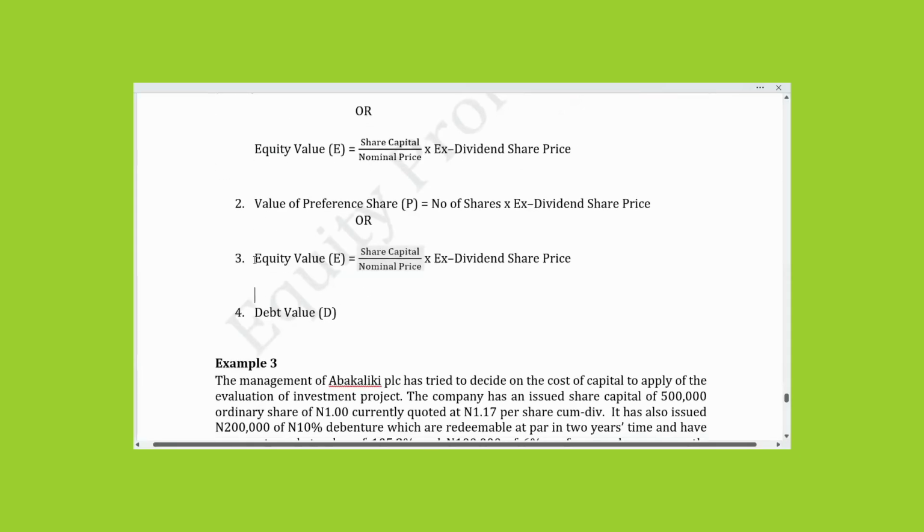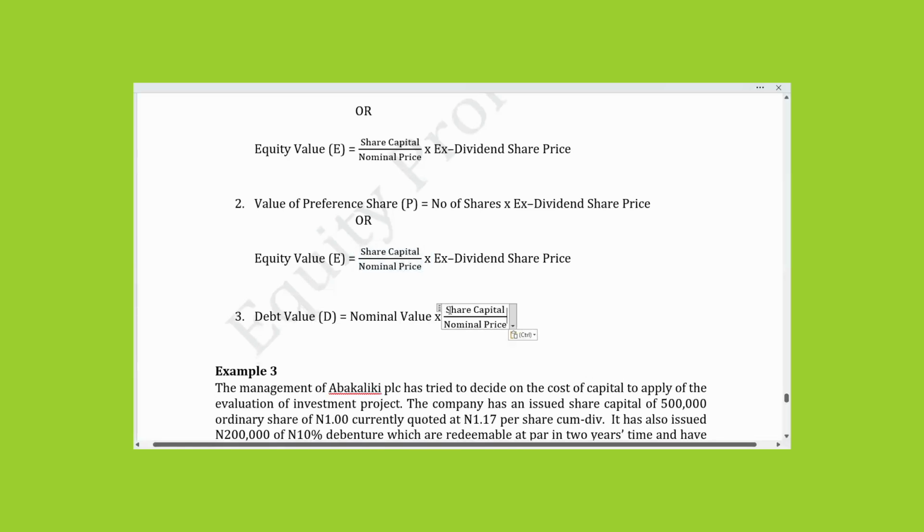Then the last one is the debt value. How do you calculate debt value? Debt value is calculated as nominal value of the debt, multiplied by X interest price divided by 100 naira.